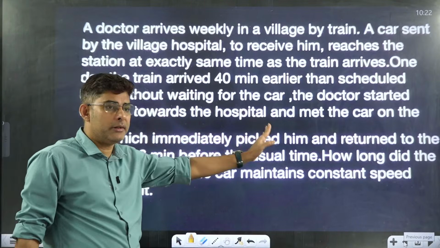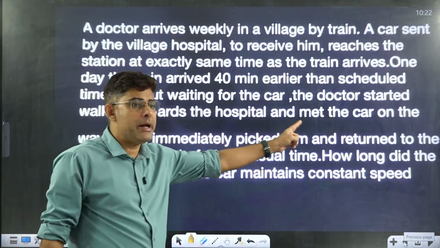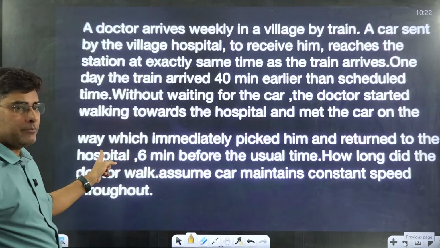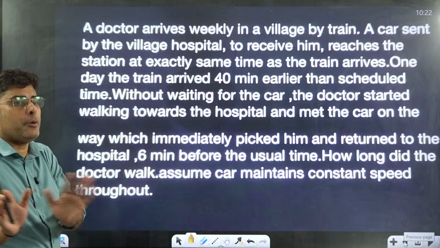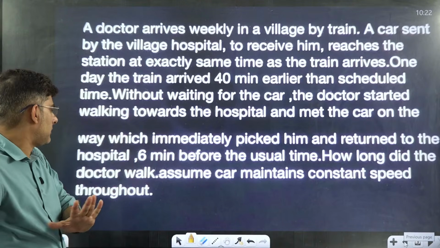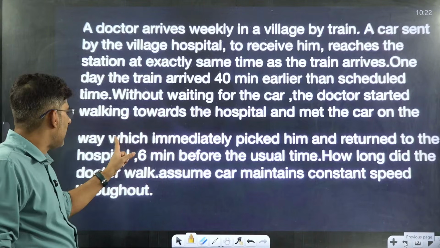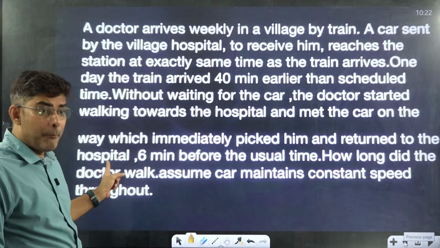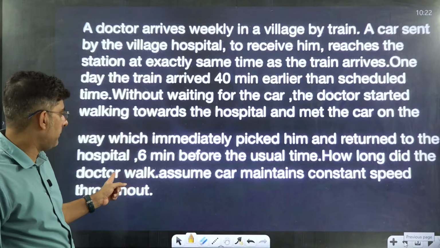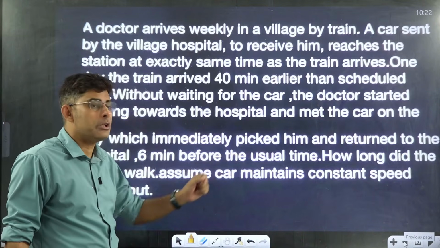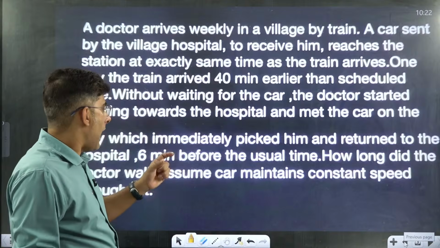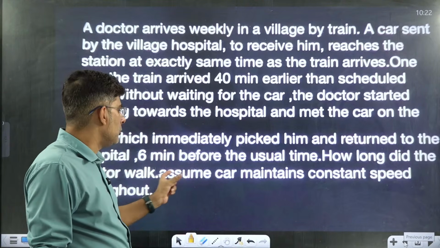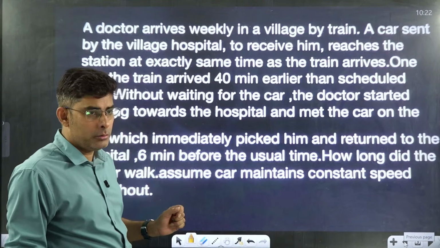He started walking towards the hospital, and he met the car on the way, and the car did not stop or wait for any rest. Immediately the car on the way picked him up and returned to the hospital, but 6 minutes before the usual time. How long did the doctor walk? Assume the car maintains a constant speed throughout.